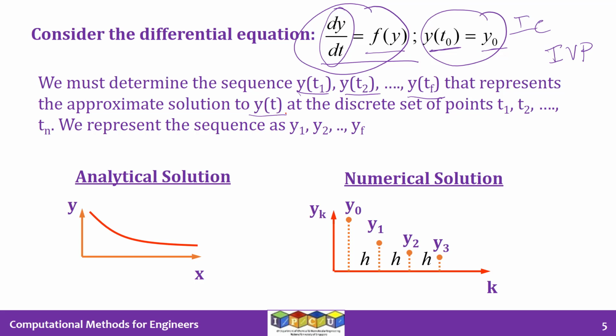So if you were to solve it analytically, let's say f(y) was linear, or if it was a simple nonlinear form, we would be able to get the true solution y(t), which is also the analytical solution.